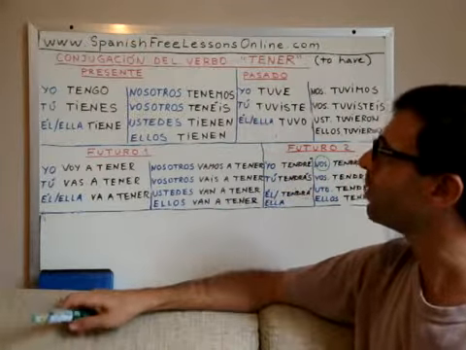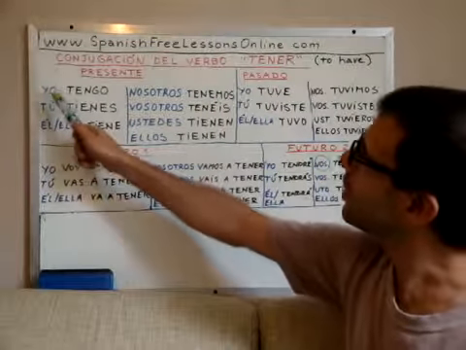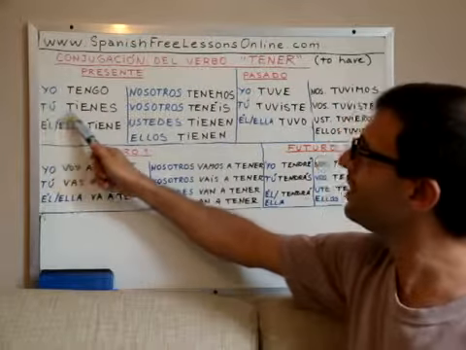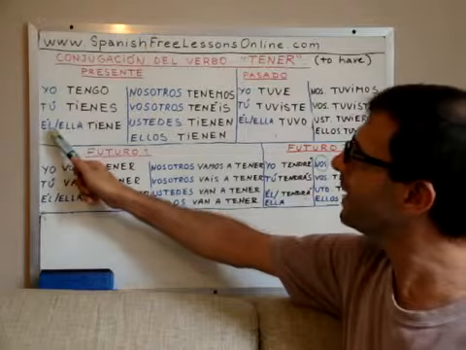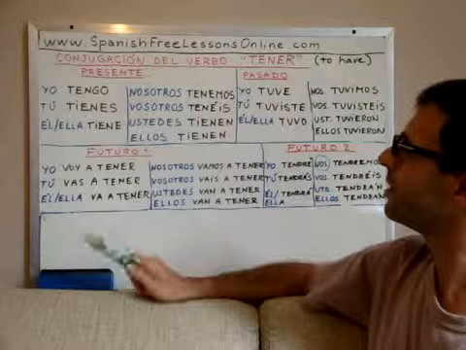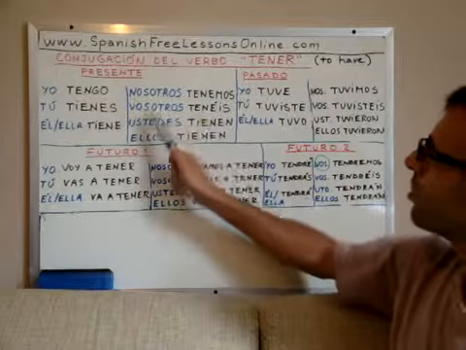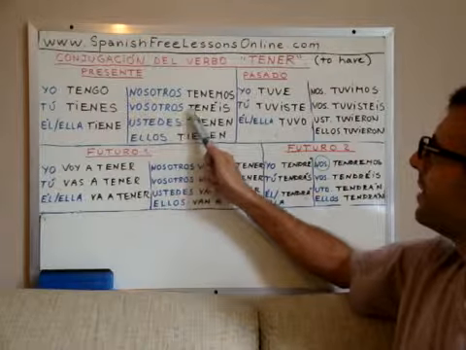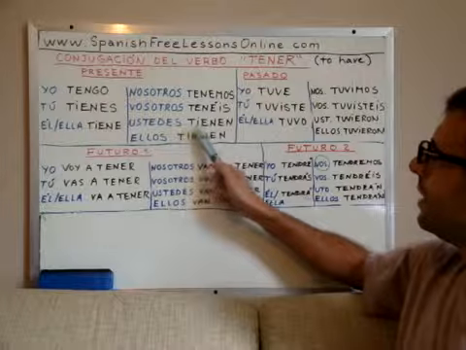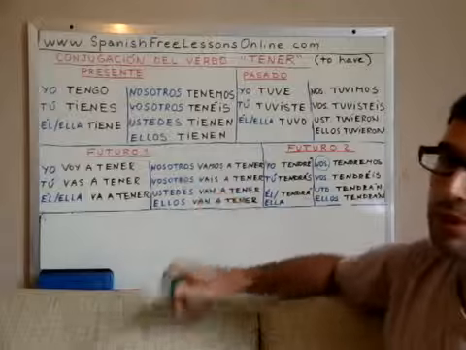Now let's start with the conjugation of verb tener in present. Yo tengo, tú tienes, él tiene, or ella tiene, nosotros tenemos, vosotros tenéis, ustedes tienen, ellos tienen, right?